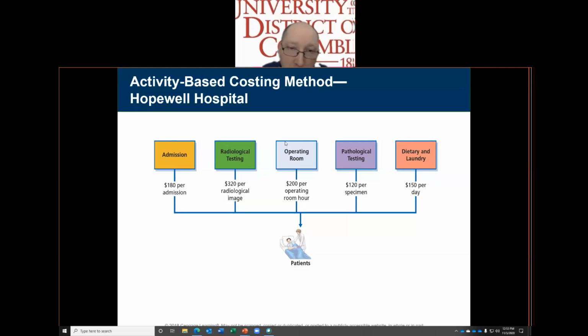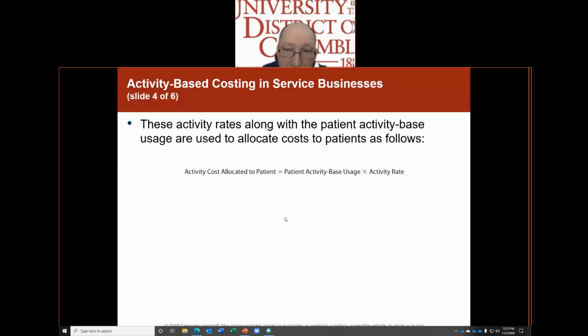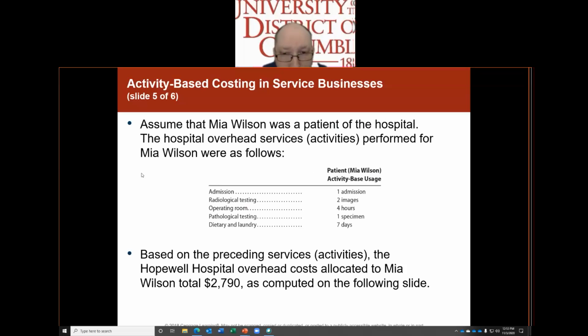Admission, radiology, operation, pathology, dietary, take all of these and those all get added to that patient. These activities are associated with the patient, so we take the patient activity-based usage times the activity rate.